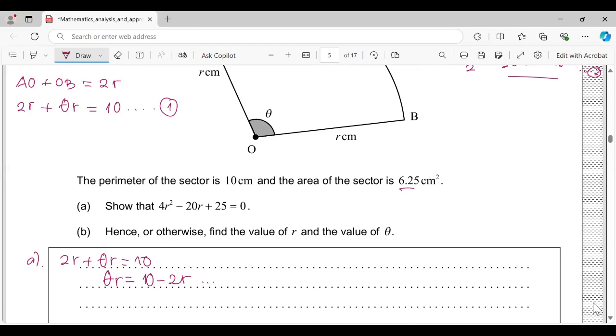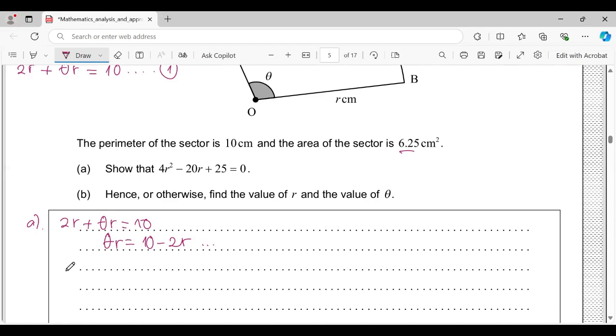And next, according to the second equation, half theta R squared equals 6.25, and multiply by 2, and it is theta R squared equals 12.5.